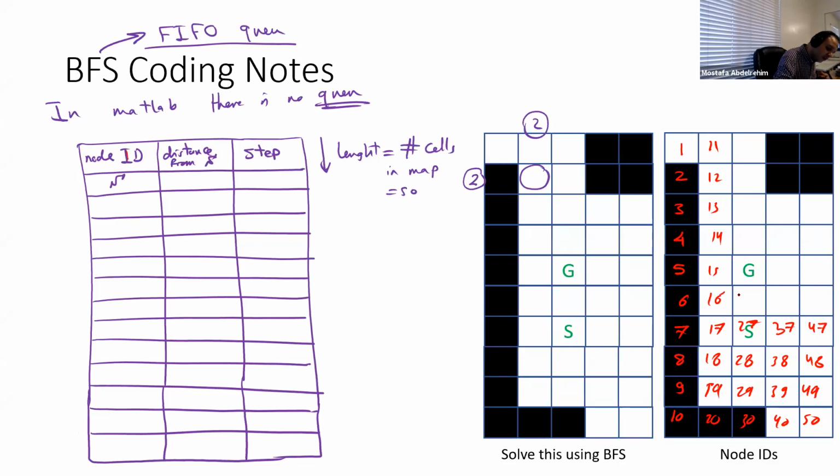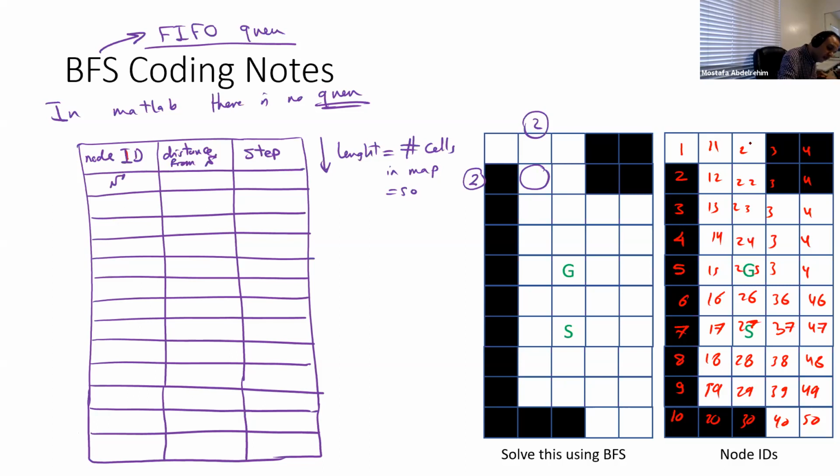Okay, this is 26, 36, and 46. Just add here 4. Everything will be 4 in here. Okay, that's 3, 3, 3, 3, 3, 2, 2, 2, 2. This is 2, 3, 4, 5.